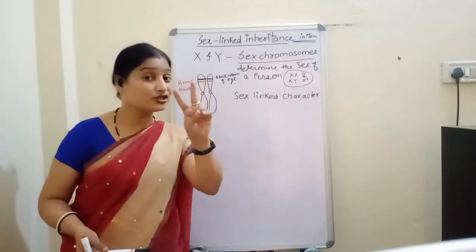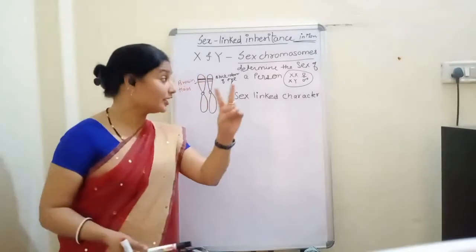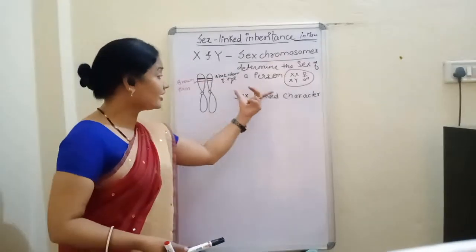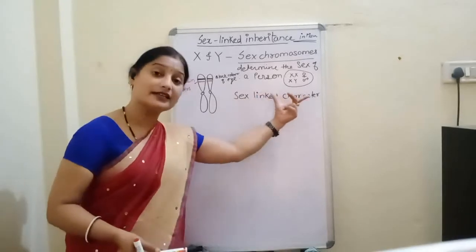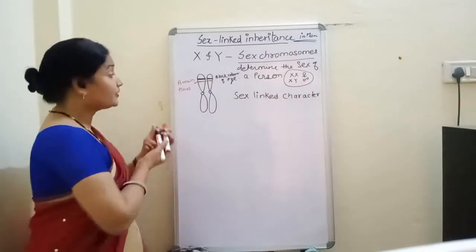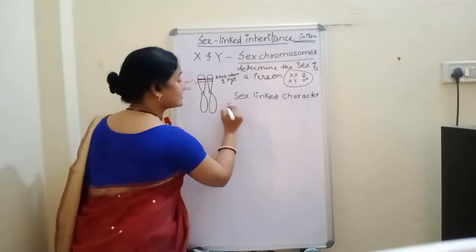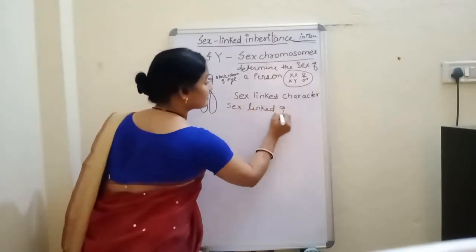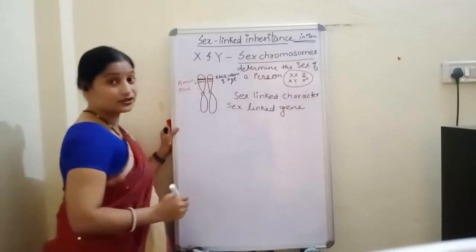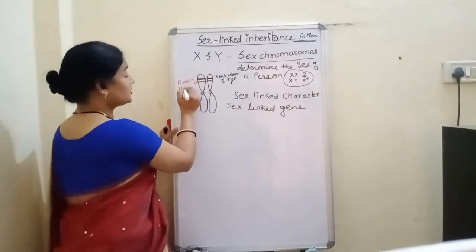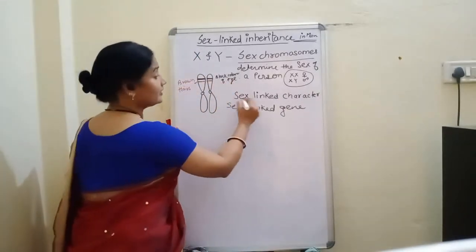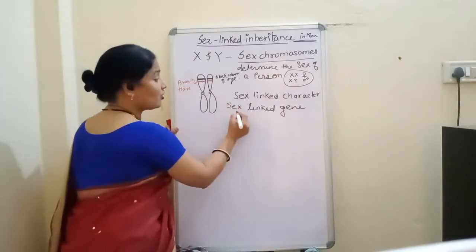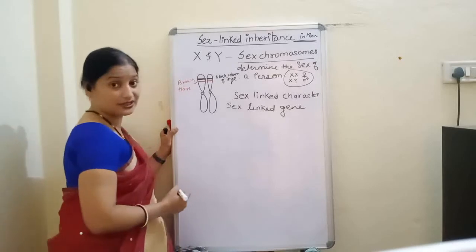Okay. So these two characters, if they are present on the sex chromosome, then they are called sex-linked characters. And the genes are called sex-linked genes. Understood? So, this brown hair and black hair, they are sex-linked characters, and their genes are called sex-linked genes.